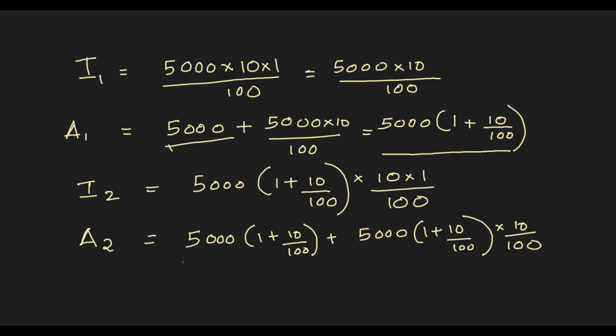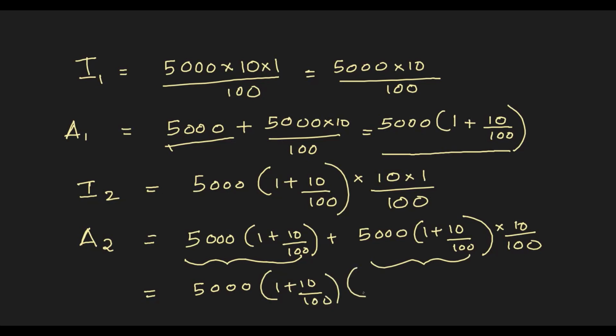Now you can see 5,000 into 1 plus 10 by 100 is common in both, so you can take it as common.